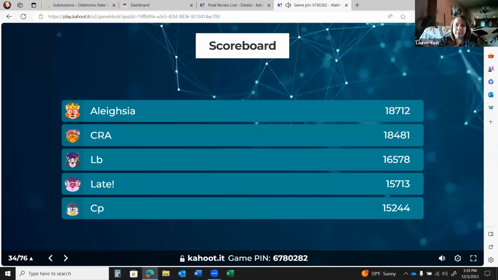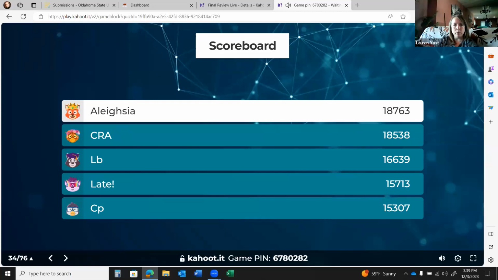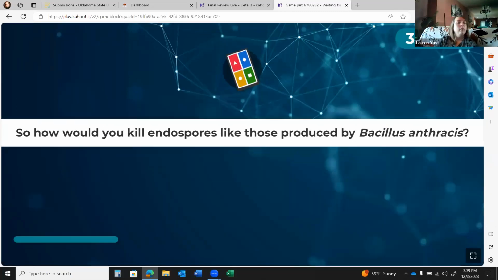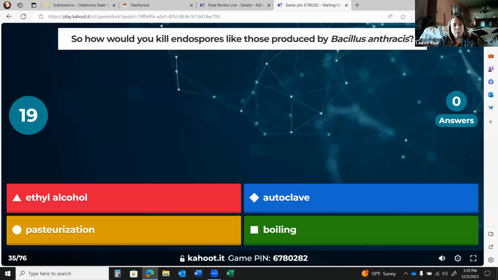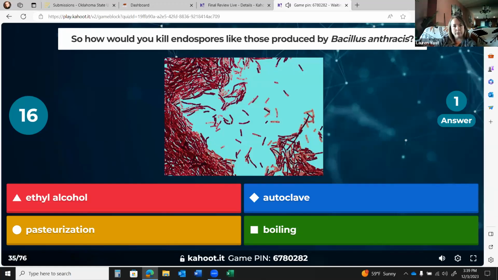That's just a matter of remembering that chart that we set up of which were sterilizing and which weren't. So how would you kill endospores like those produced by Bacillus anthracis? Which of the following would be effective?